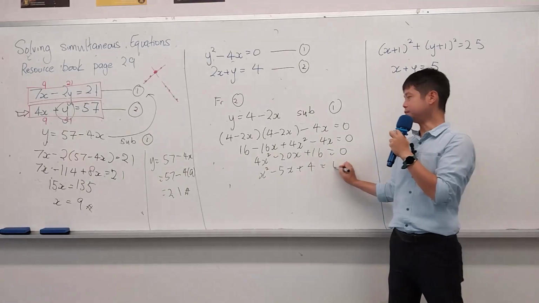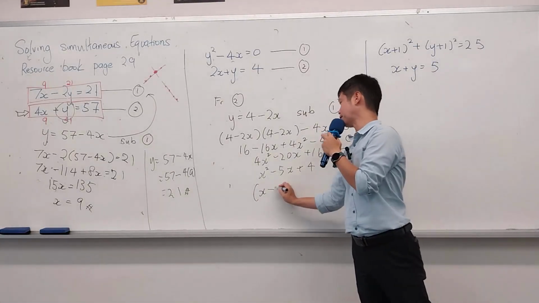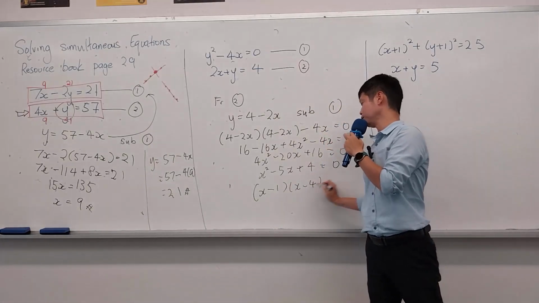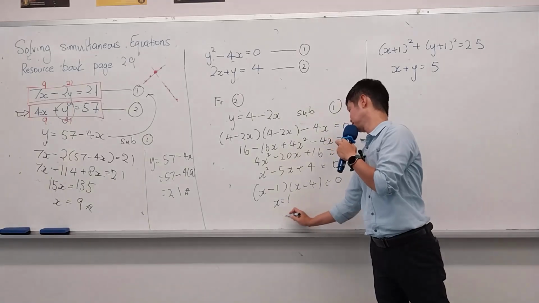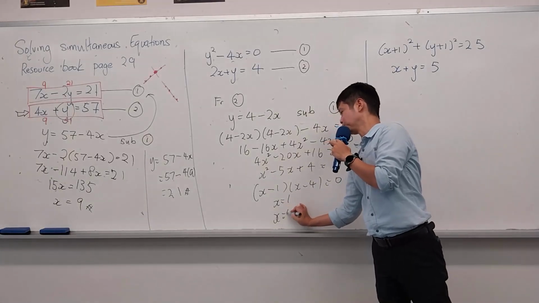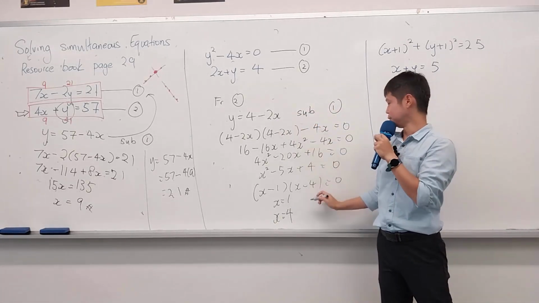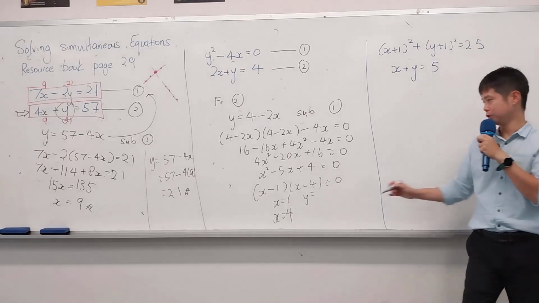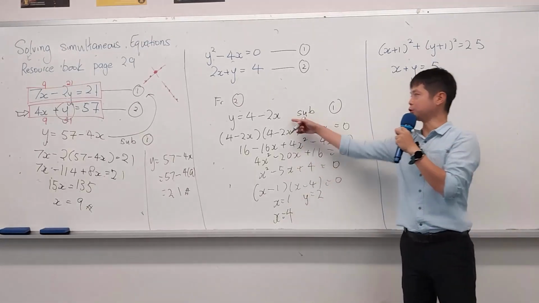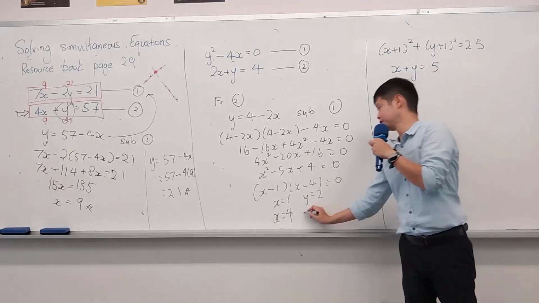And when we factorize it, we will have x minus 1, x minus 4 equals to 0. So x equals to 1 or x equals to 4. Now when x equals to 1, the y value will be 2. And when x equals to 4, the y value will be negative 4.